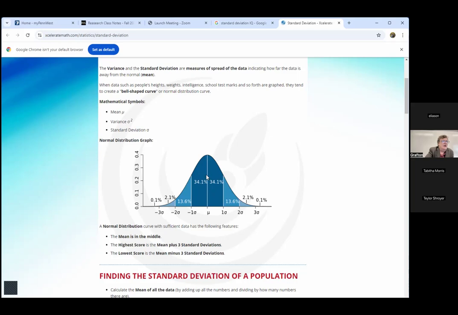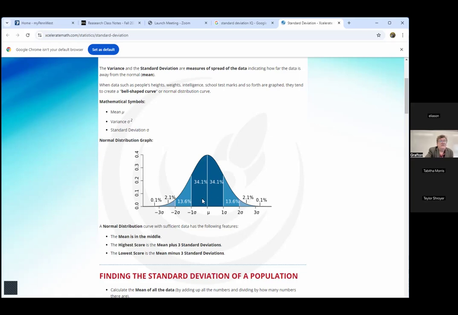and we move one standard deviation away, 34.1% of the population scores will fall within one standard deviation of 100. So that would be people who score higher than 100 within the first standard deviation.